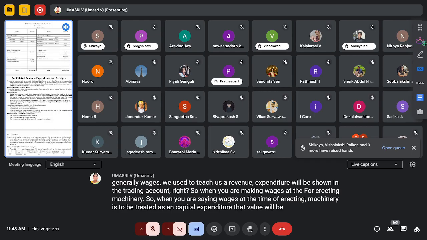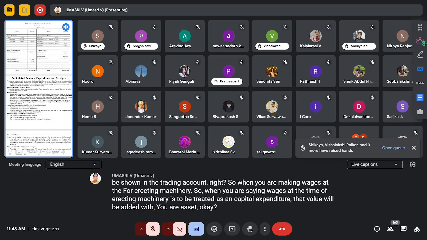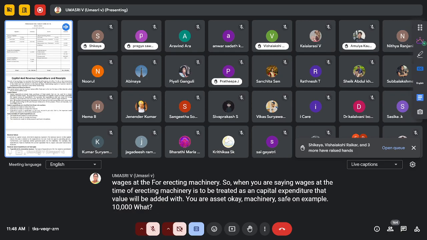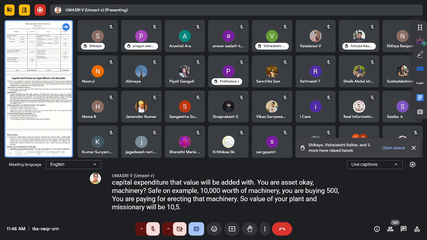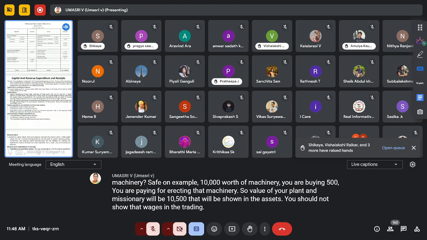That value will be added to your asset. Say, 10,000 worth of machinery you are buying, 500 you are paying for erecting that machinery. So the value of your plant and machinery will be 10,500. That will be shown on the asset side. You should not show that wages in the trading account.